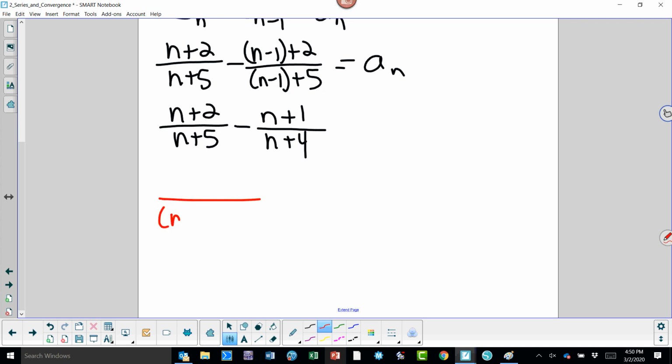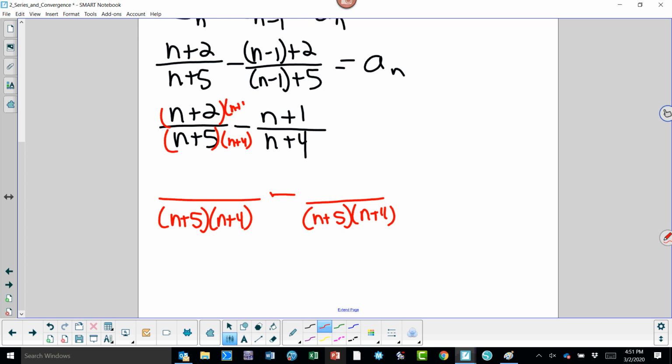This one's also n plus 5 times n plus 4, so what's missing is n plus 4; write n plus 4 here. This one will be missing n plus 5. So write it in both places. Then I'm going to distribute because I'm going to subtract in a second.